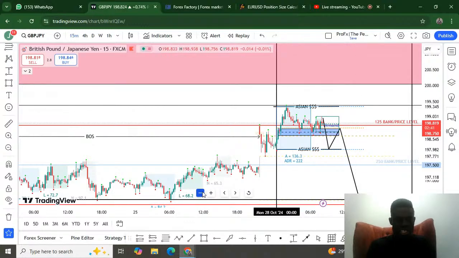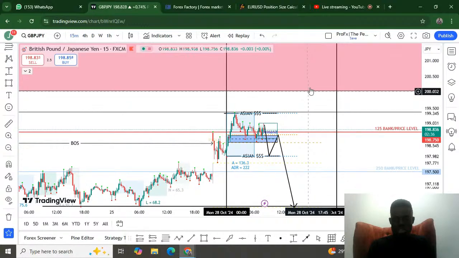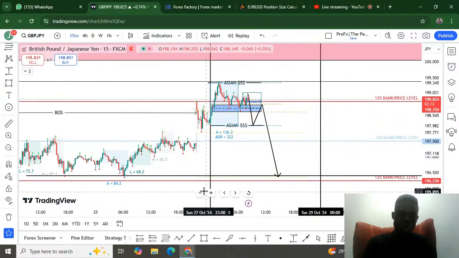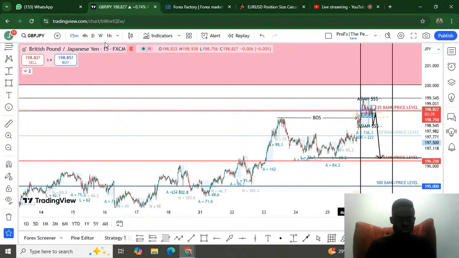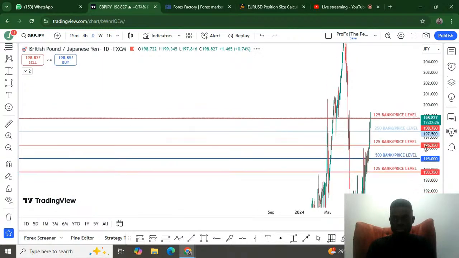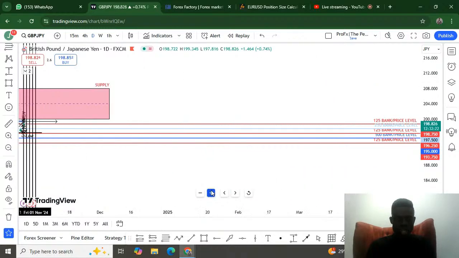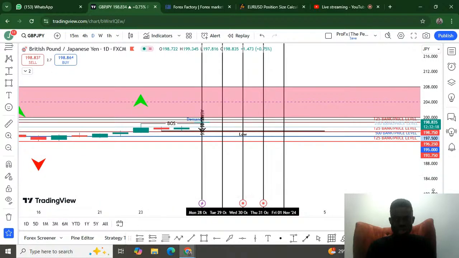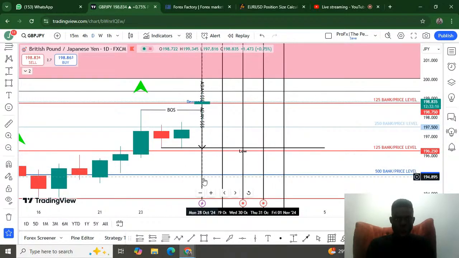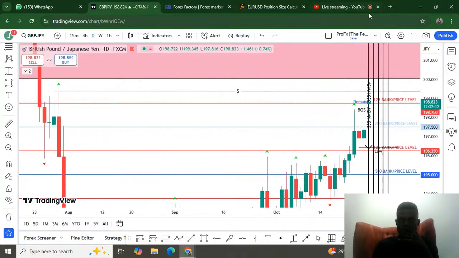So it means that all this, we have a sell here that will take it up to this, then price will probably choose to start selling. But we are still bullish. Until we get to 71%, we are still bullish. Can you see now? Until we get to that 71%, we are still what? Bullish. Is that clear?